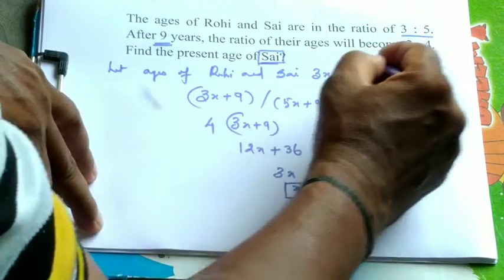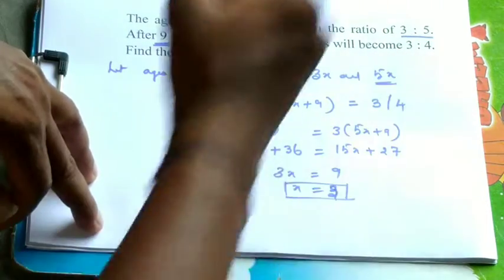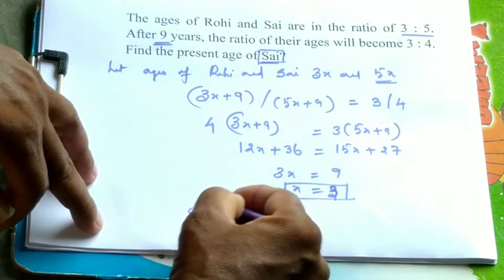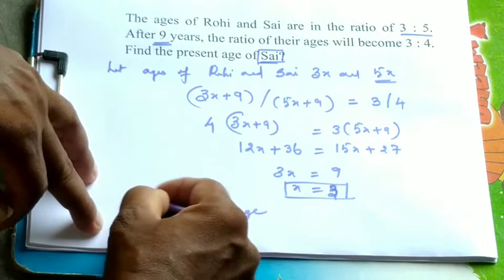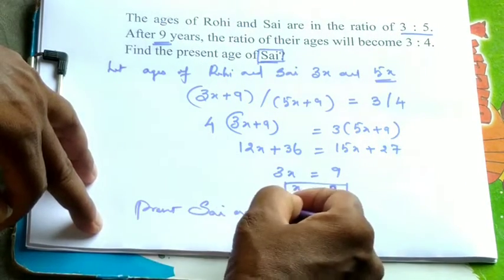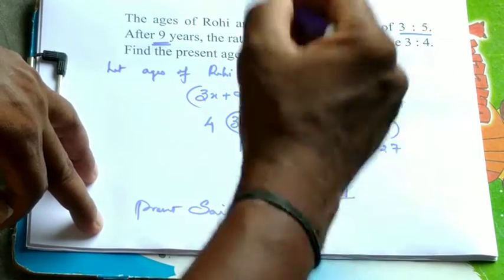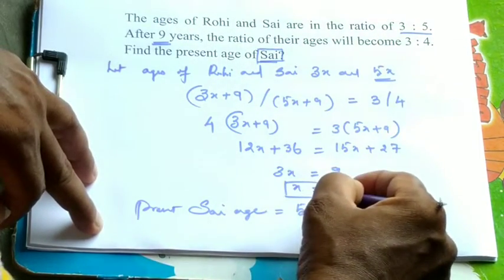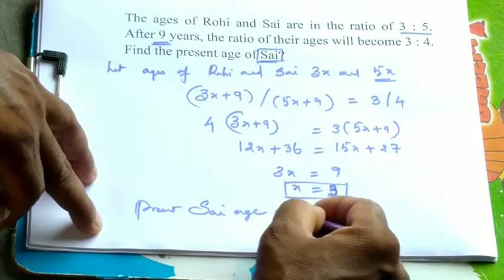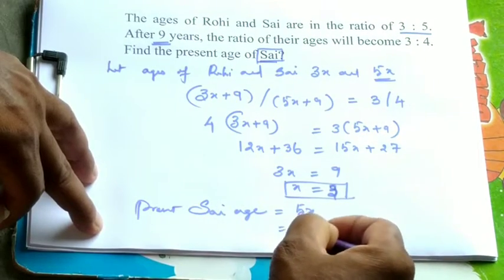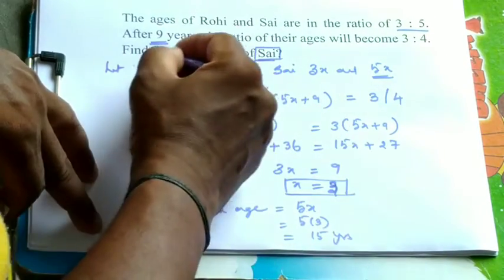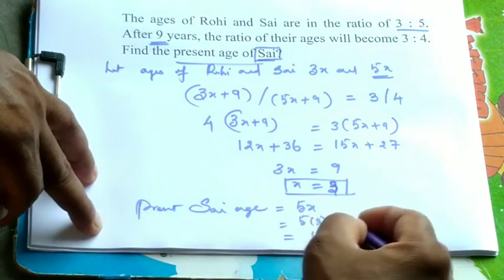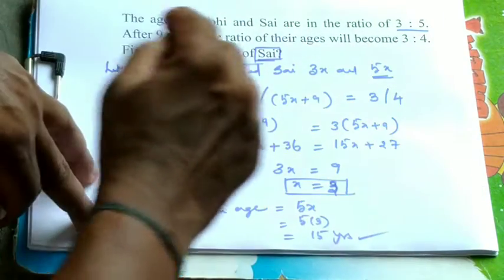Initially we assumed that Soy's age is 5x, and we got the x value equal to 3. Therefore 5 into 3 is 15 years. Therefore the present age of Soy is 15 years. You got it?